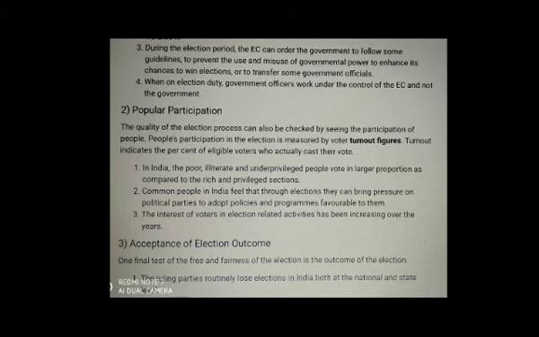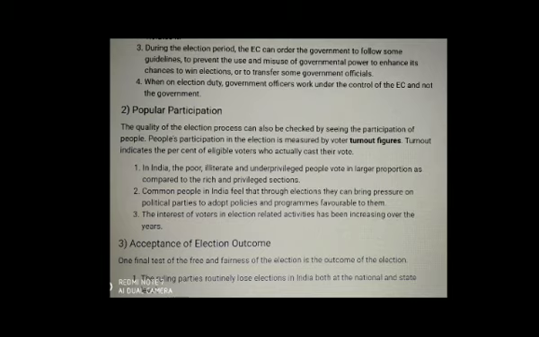Second one, I would like to talk about popular participation. The role of participation of people in a democratic country is very important. The quality of election process can also be checked by seeing the participation of people. People's participation in election is measured by voter turnout figures. Turnout indicates the percent of eligible voters who actually cast their votes.